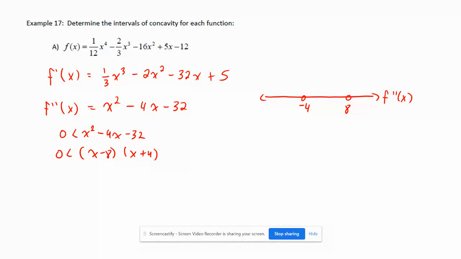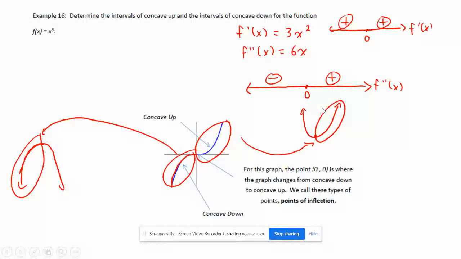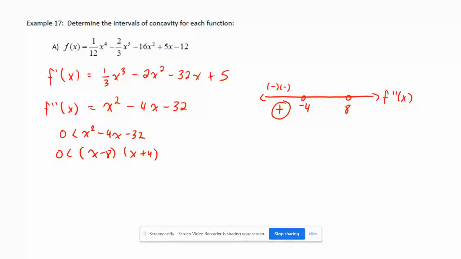For our number line analysis, I'm going to take a number less than negative 4, say negative 5. I get a negative times a negative, which is positive in this region. A number in the middle region, let's say 0: we get negative and positive, which is negative for the region. And in the last region, we get positive, positive, or positive.